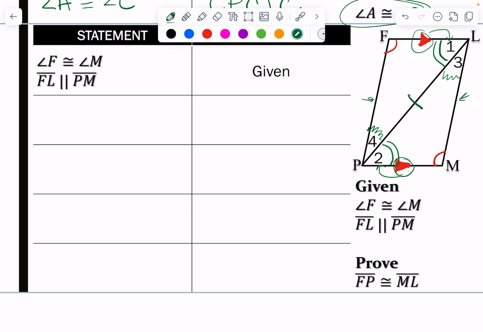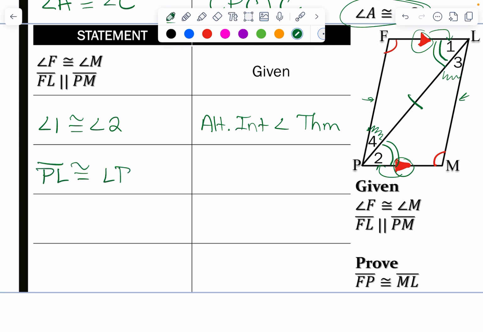So I'm going to start with the next part. I'm going to say angle 1 is congruent to angle 2, and that is by the alternate interior angle theorem. Then I know that side PL is congruent to side LP. That is by our symmetric property.